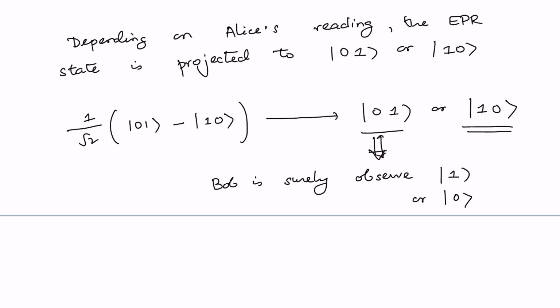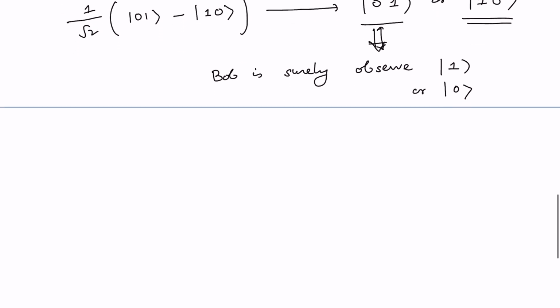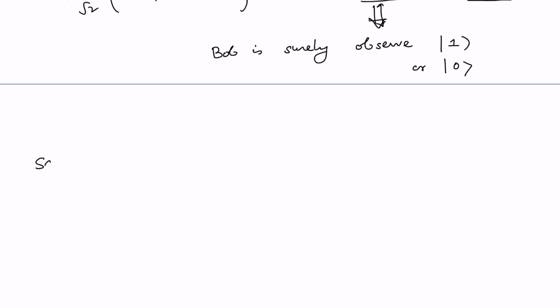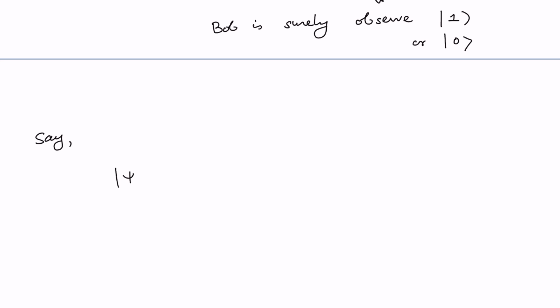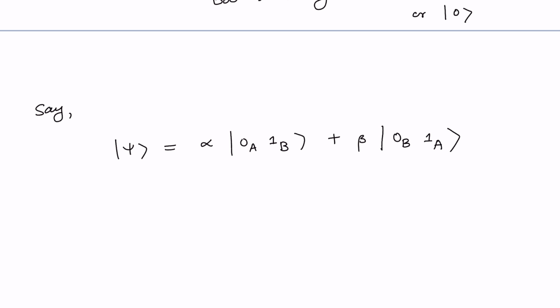Now let me discuss how to deal with quantum entanglement using the density matrix formalism. Let us say we have an entangled state, represented by a state vector |psi>, which I write as alpha |0_A 1_B> plus beta |0_B 1_A>. I am writing it this way to emphasize that it is a composite system.